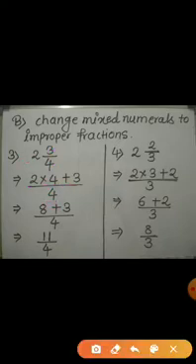Now 2 into 4 is equal to 8. Then plus 3 will come down as it is and denominator will be same. Then in the next step I have written 8 plus 3 which is equal to 11 and denominator will be same, which is 4. Hence the improper fraction is 11 upon 4.